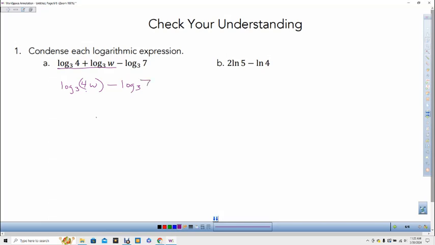So now this becomes that second rule where we're doing subtraction, which means we're going to do division of what we're taking the log of. Remember, we checked up here, are the bases all the same? They were. And now we can combine them. So the log base 3 of 4W divided by 7. So that is condensed completely.